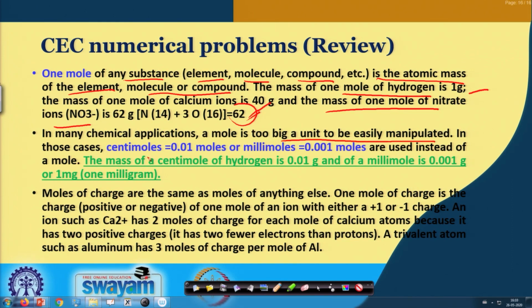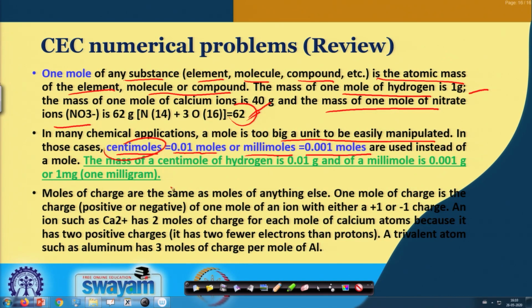So, in those cases we generally use the unit called centimoles, that is 1/100th of a mole, or 0.01 moles, or sometimes we also use millimoles, that is 0.001 moles. So, in CEC based chemical equations and applications also, we use centimoles instead of moles.